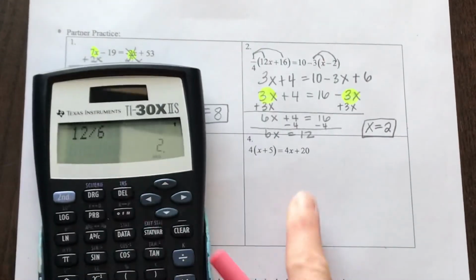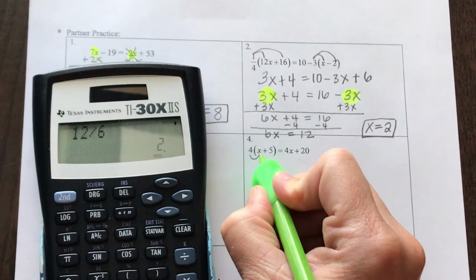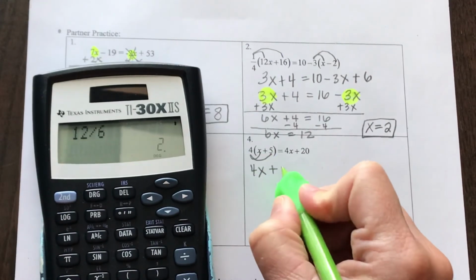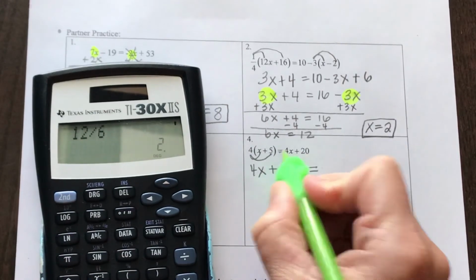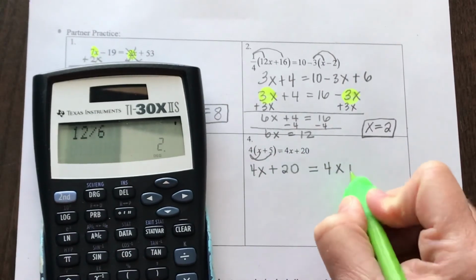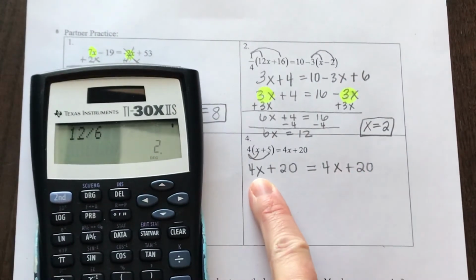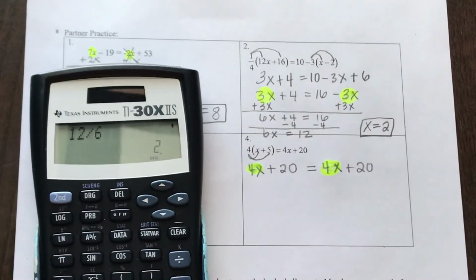Okay, now take a look at this example, number 4. I'm going to start by distributing the 4 to my x and the 4 to the 5, which would make 4x plus 20. I have then equal to 4x plus 20. Now I'm looking at my variables and I notice that they are the same on both sides.